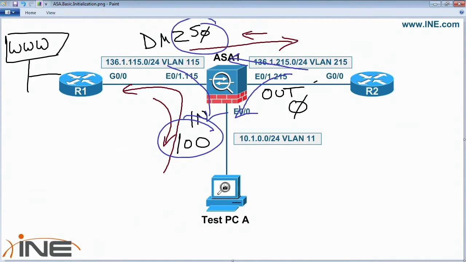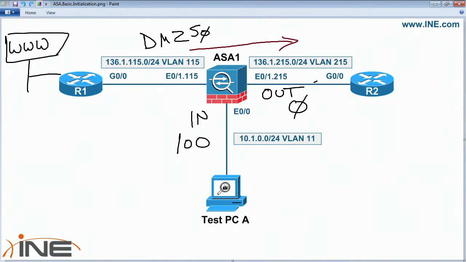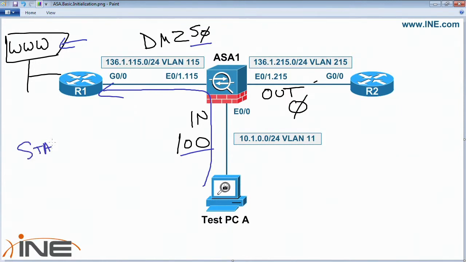So if we look back at our diagram here, let's say that we have the test PC here that's trying to get to this web server on the DMZ. So we're going from high to low. The traffic goes out. The ASA is saying in the state table, I had traffic from the PC going to the web server.